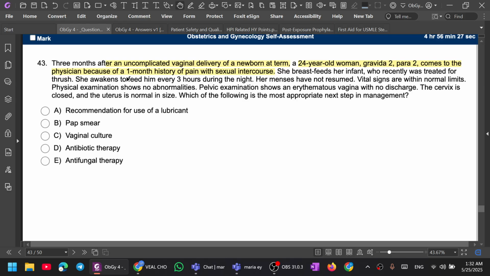She awakens to feed him every 3 hours during the night. Her menses have not resumed. Vital signs are within normal limits. Physical examination shows no abnormality. Pelvic examination shows erythematous vagina with no discharge. Cervix is closed. Uterus is normal in size. Which of the following is the most appropriate next step in management?